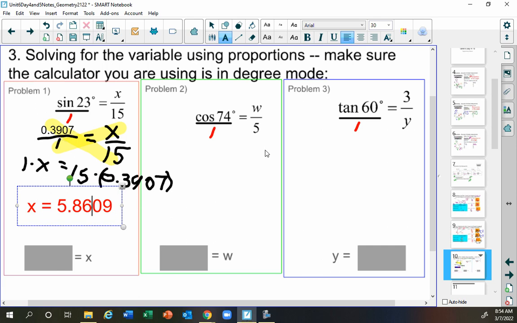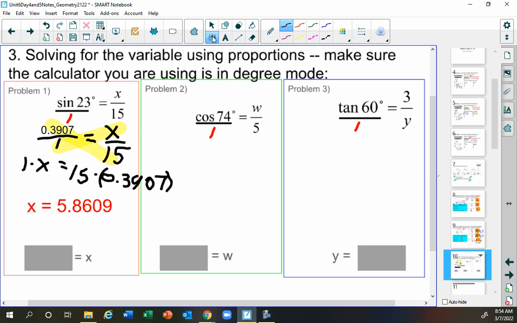What about the second one? Anybody figure out what the cosine of 74 is? Yeah. What was it? I need to see your calculator. It should be 0.2756.